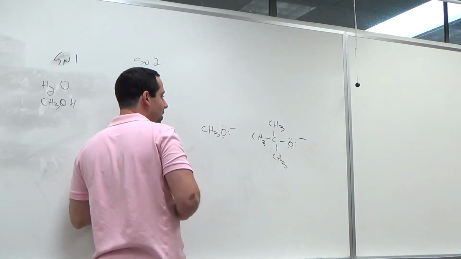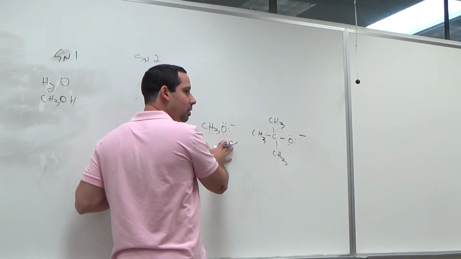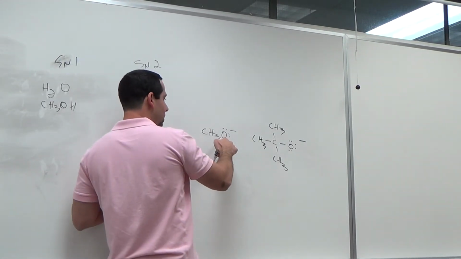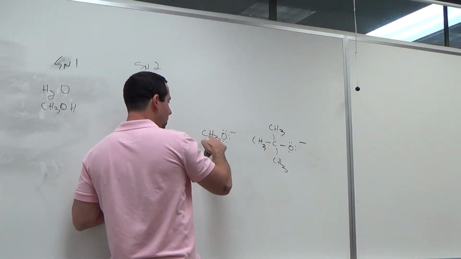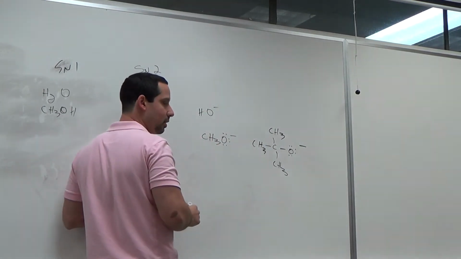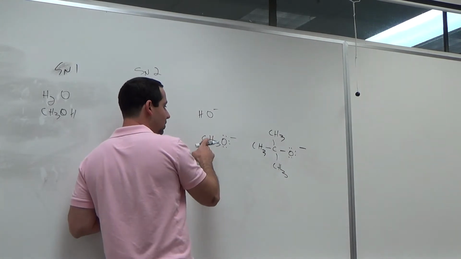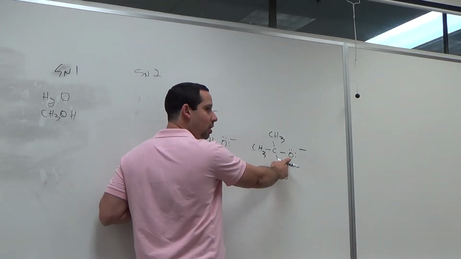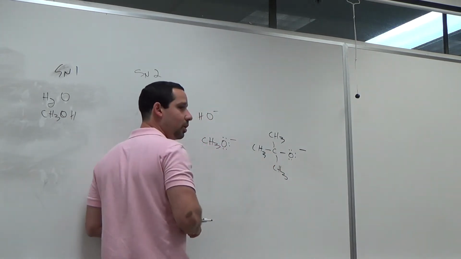I don't know how you can forget this. I think I said this last time. This is called an alkoxide, because this is an oxygen with an R next to it. If it were like this, it would be called a hydroxide. This one is also an alkoxide, but it's an oxygen with a tertiary carbon next to it.